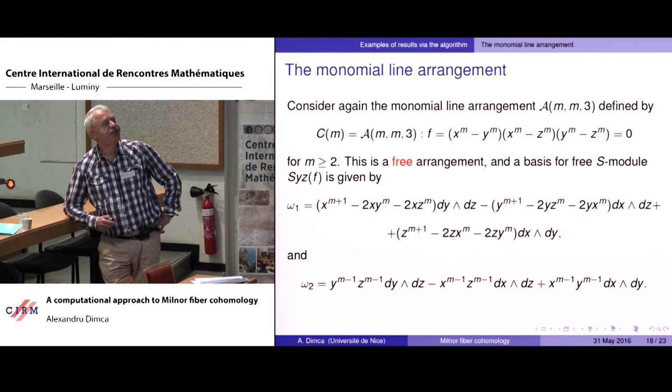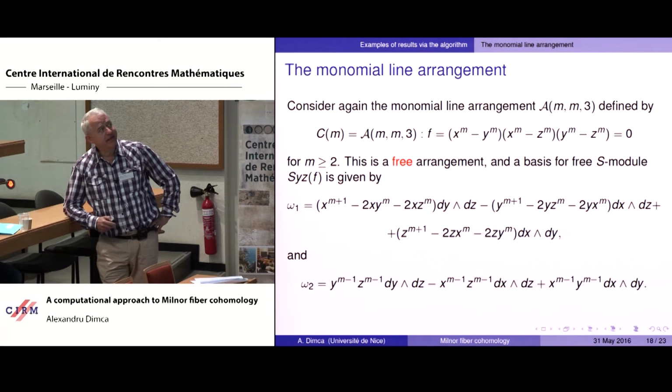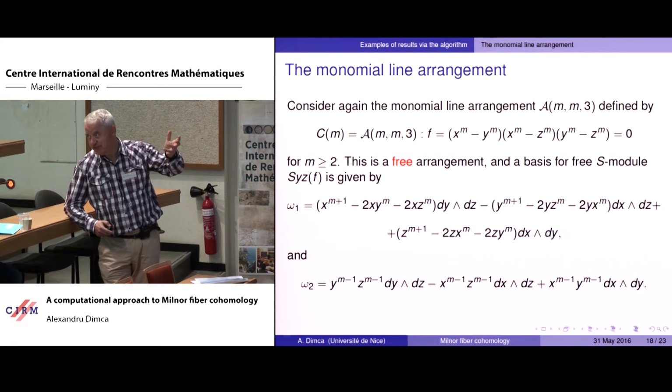Second step, we check the degrees. If I take the degree of this coefficient, which is m plus 1, and the degree of this coefficient, and if I make the sum, and if I get exactly d minus 1, I'm happy, because there is a result saying that if omega 2 is not a multiple of omega 1, and if the degrees add up to d minus 1, then they really form a basis, as soon as I know that the arrangement is free.